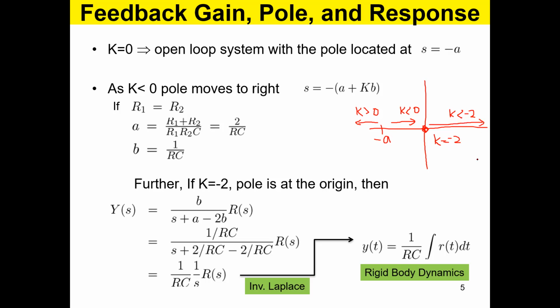This is exactly k equals -2, the last stop where the system can be maintained in a stable fashion, even though the rigid body is also not good.